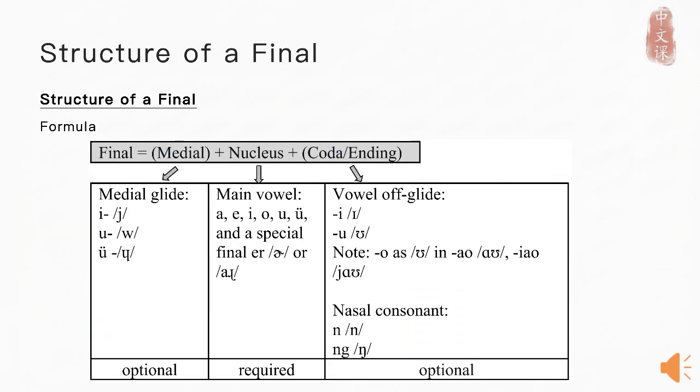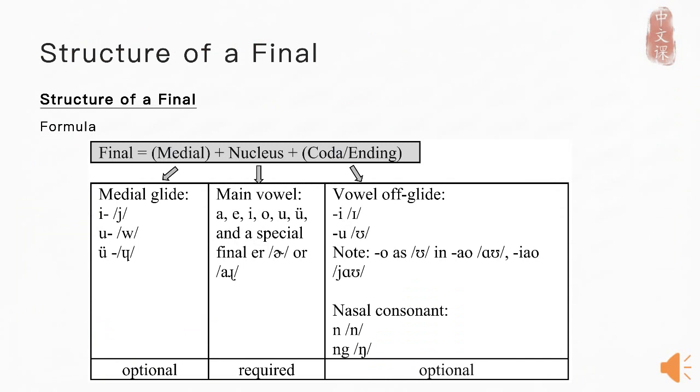The structure of a final can be defined by the following formula. Final equals medial plus nucleus plus coda or ending, where the medial glide is optional and represented by the letters I, U, Ü. The main vowel is required and represented by letters A, E, I, O, U, Ü, and a special final.